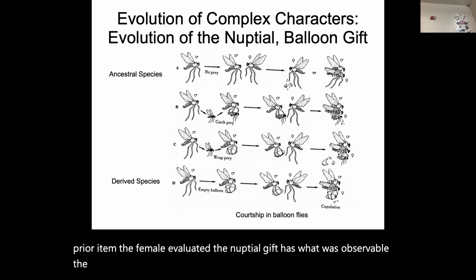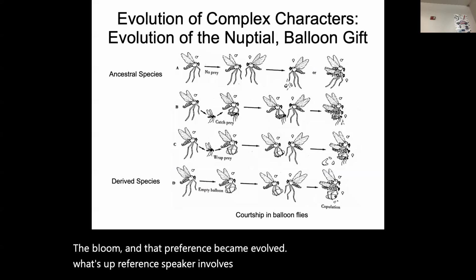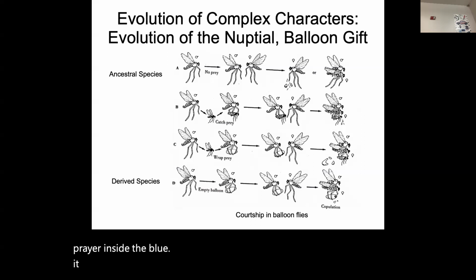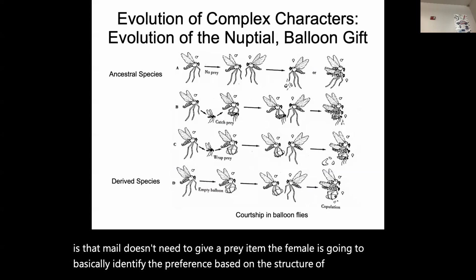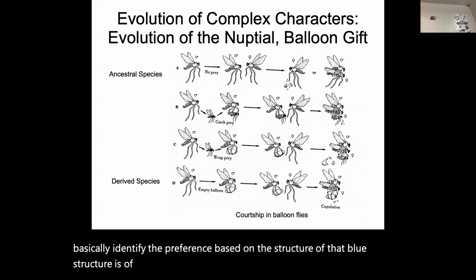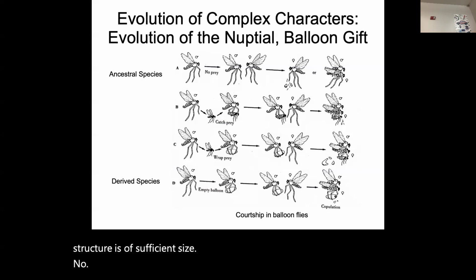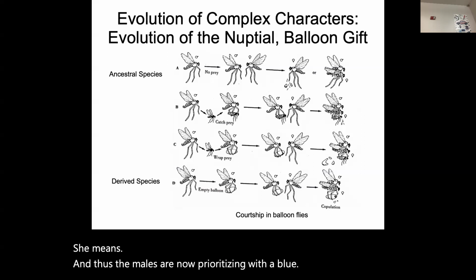And that preference became evolved. Once that preference became evolved, all you need is one male not to present a prey item inside the balloon. And it doesn't matter anymore, because that male doesn't need to give a prey item. The female is going to identify the preference based on the structure of that balloon. If the structure is of sufficient size, then she mates. And thus, the males are now parasitizing with a balloon. It's kind of cool. Questions for that?